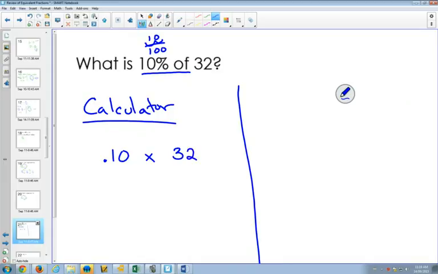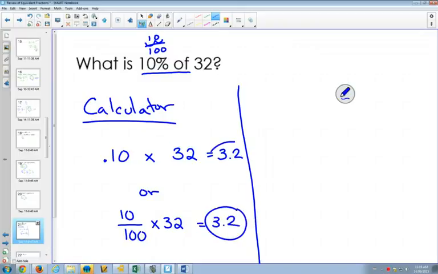So you can change your percentage to a decimal, or it would be fine to change your percent to a fraction and times it by 32 as well. So you would type either one of those into your calculator, and either way that you do it, you're going to get 3.2.